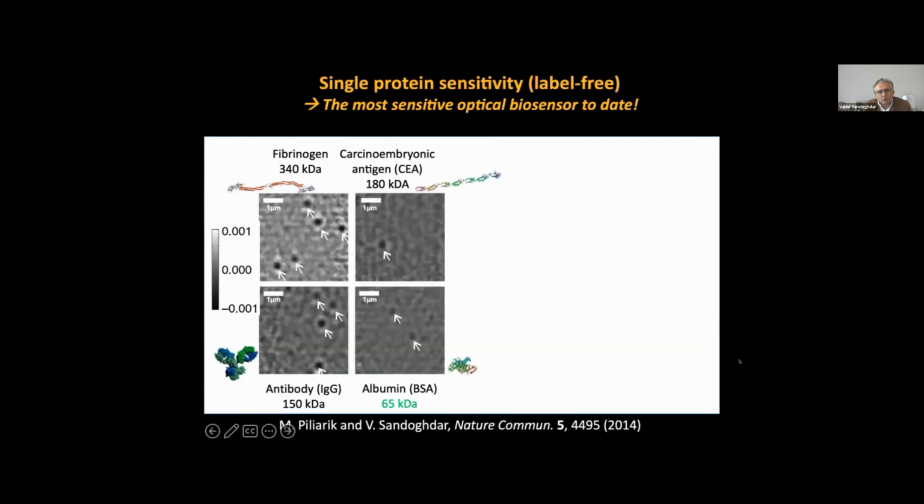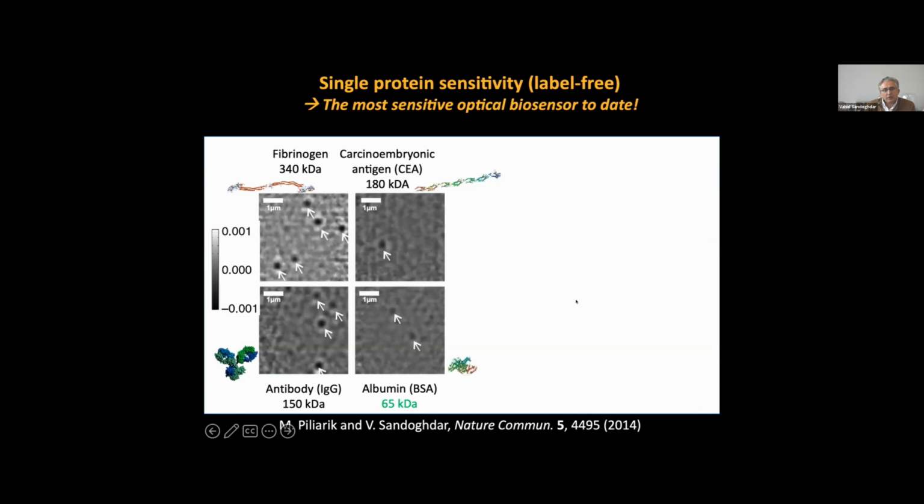Then we went to get better detection sensitivity, and we moved towards detecting individual proteins. In this work, published in 2014, we showed that we could apply iSCAT and detect very small proteins down to 65 kilodalton.